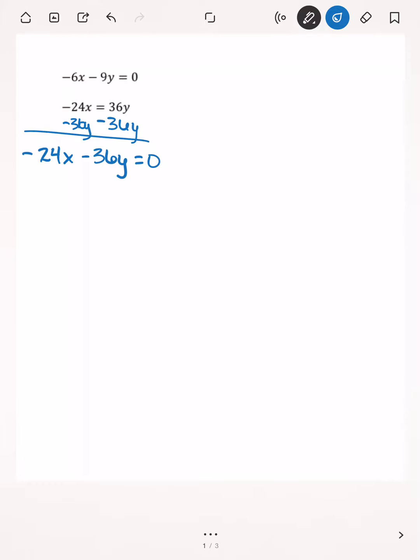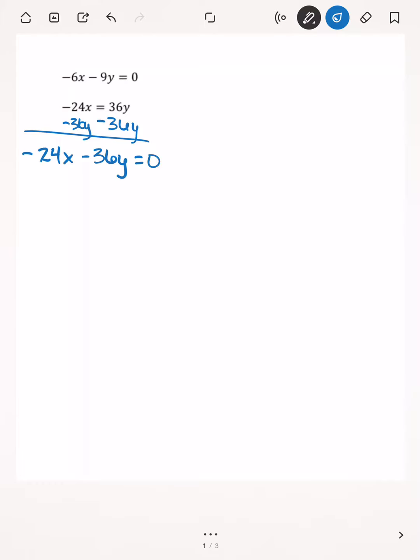Looking at it, I need to choose a variable to eliminate. In this example, I'm going to choose the variable x. I want it to be the same number but a different sign than my other x value. So I have negative 24x and a negative 6x.